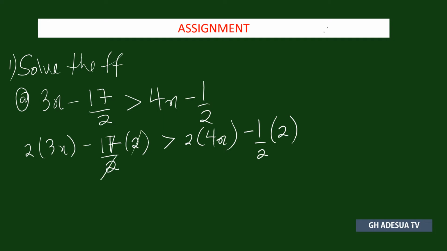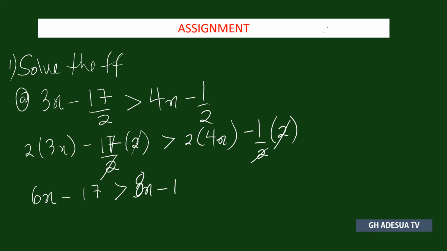So this will cancel out that. This will also cancel out that. So you'd have 6x minus 17 is greater than 8x minus 1.